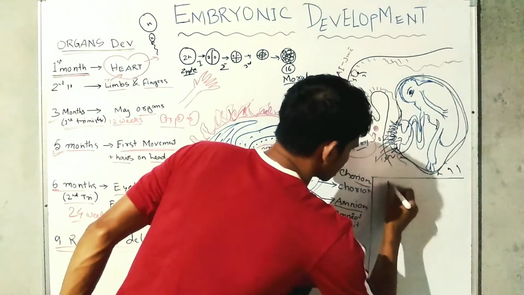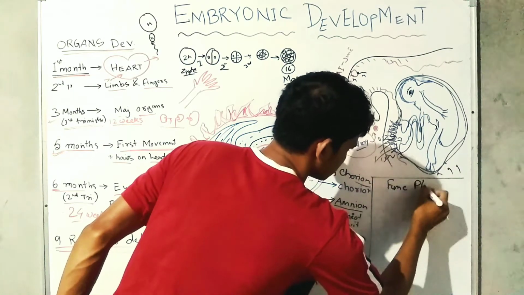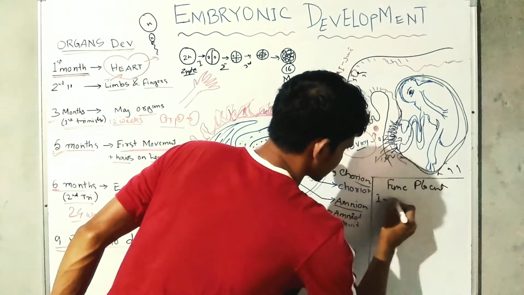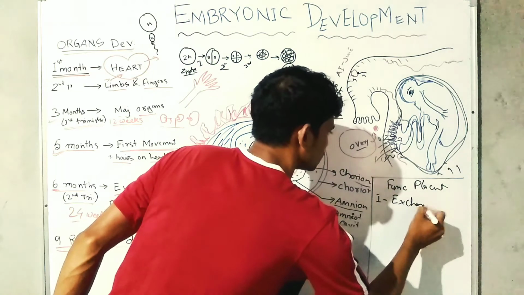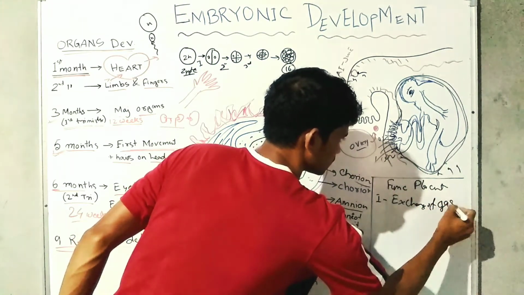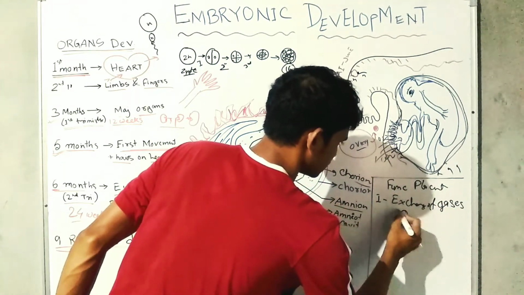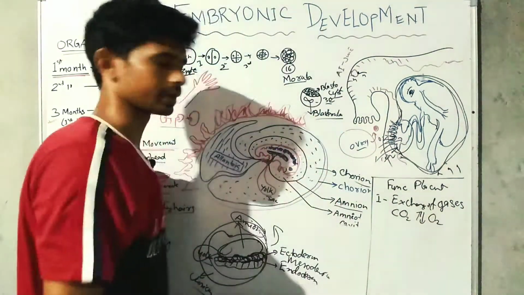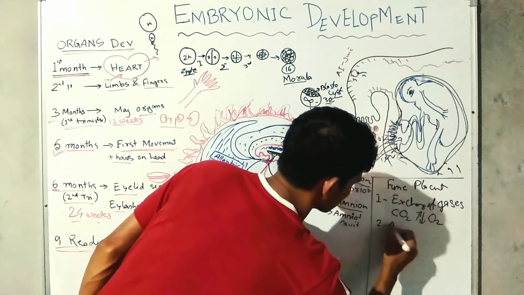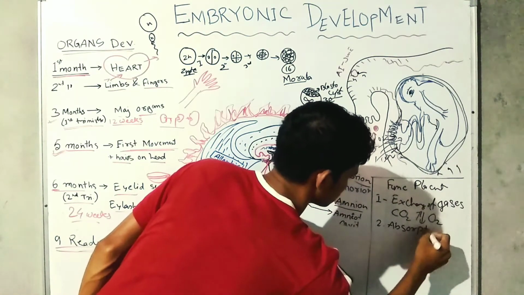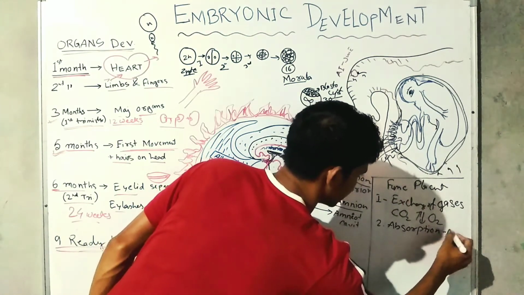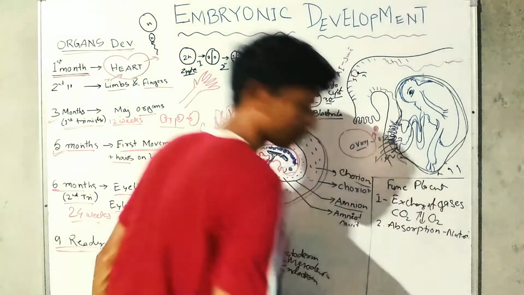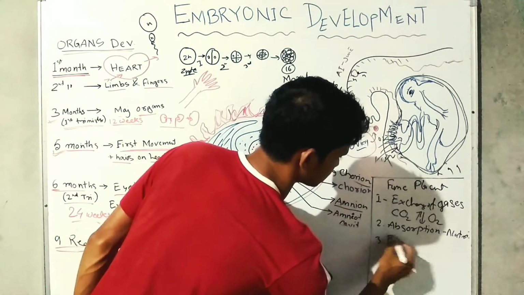Function of the placenta: the first function, gaseous exchange, CO2, O2. Then absorption of nutrients, and excretion.